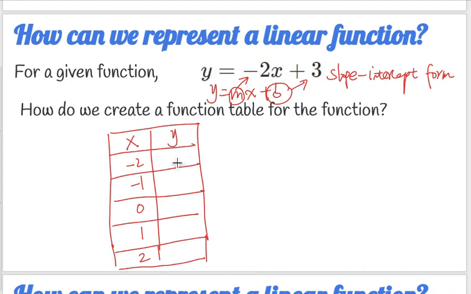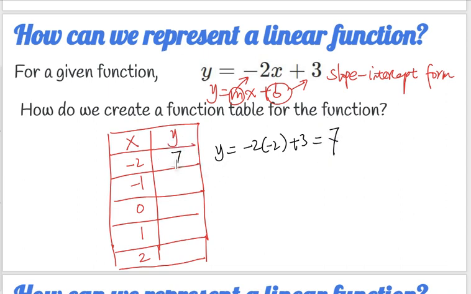So how do we get the value of y? All we need to do is plug the value into the equation. Since y is negative 2x plus 3, the structure is any number for x times negative 2, plus 3. So I just plug the x value, a negative number, into the equation, and we can finish the calculation. I just show the first example here, and you can definitely finish the rest on your own, okay?